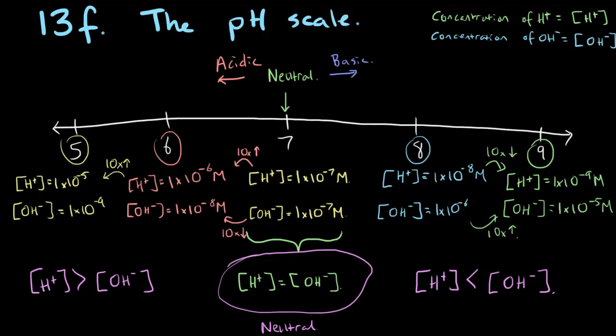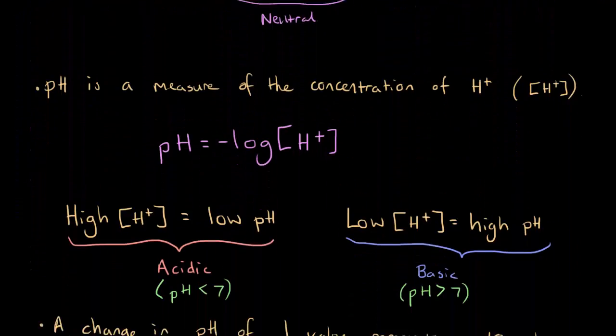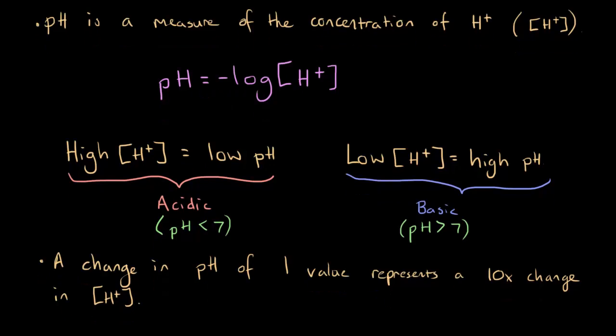Alright, let's have a look at some more formal details. These are the things that you would need to write down. pH is a measure of the concentration of H+, which is also written with the square brackets.